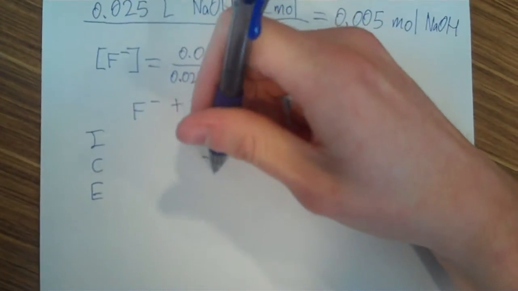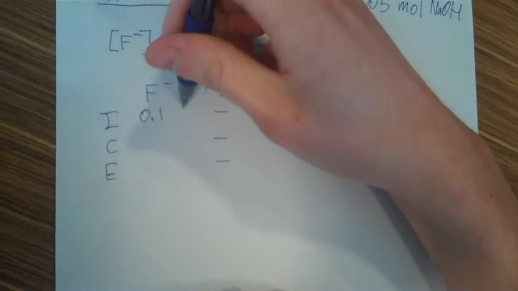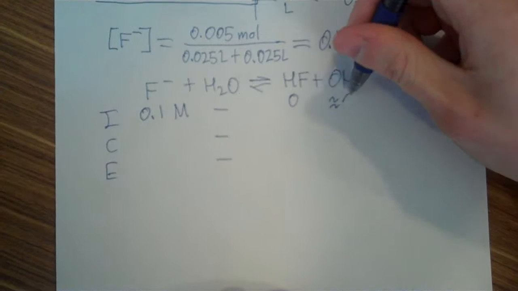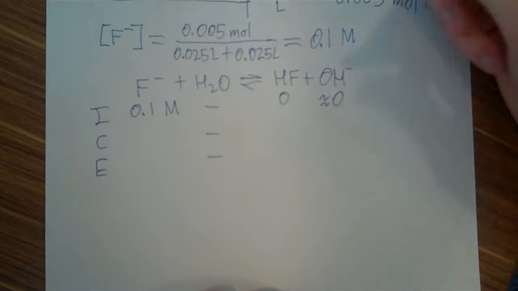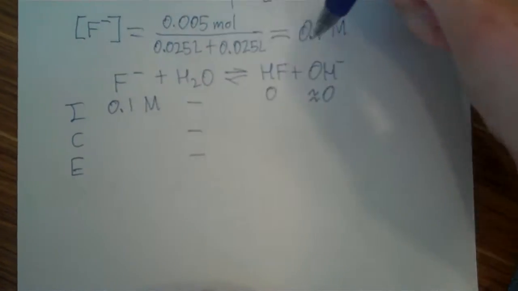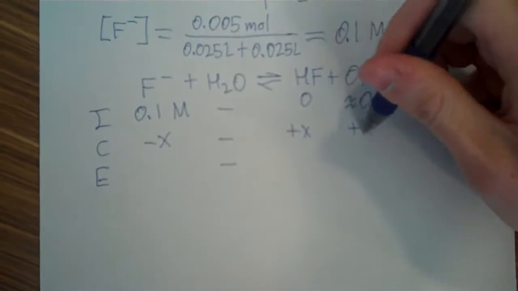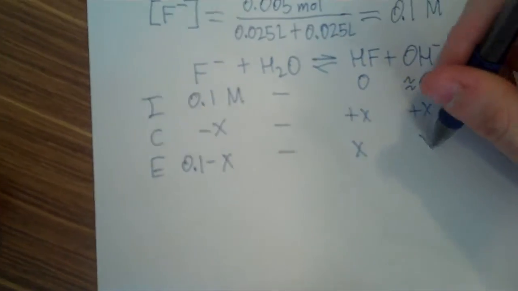Water, again, is not a player because it's a liquid. So we had 0.1 molar F minus. This is about 0 and about 0 over here. So the change, since we don't have any coefficients, will be minus x and plus x, to get 0.1 minus x, and x.